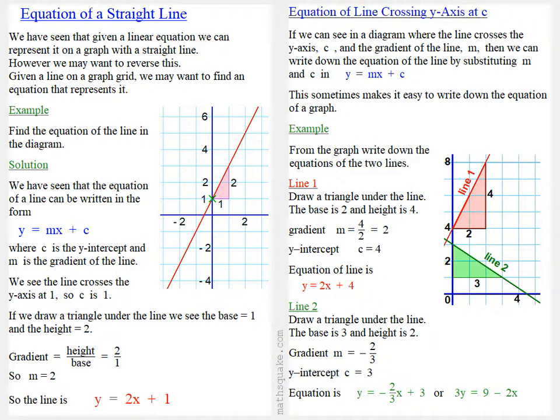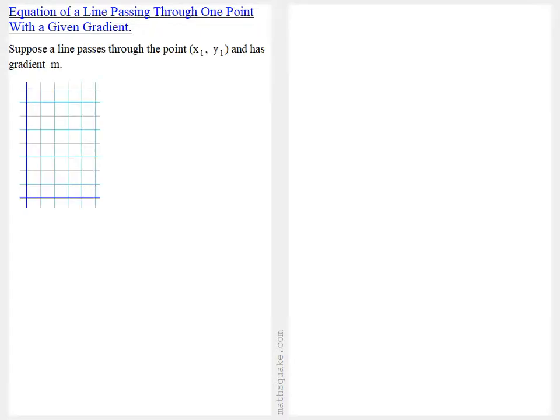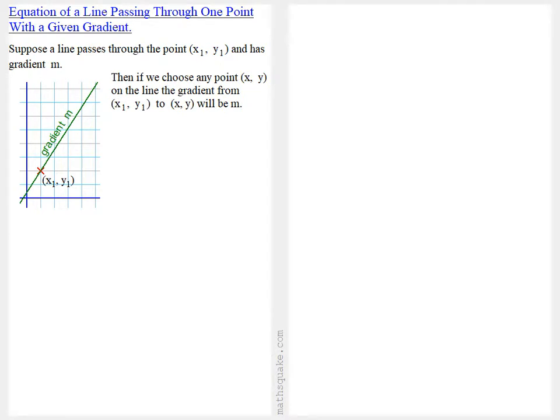Now, we may not be able to see what the y-intercept is, so let's find the equation of a line passing through a point with a given gradient. So suppose a line passes through the point x1, y1 and has gradient m. Then, if we choose any point x, y on the line, the gradient from x1, y1 to x, y will be m.